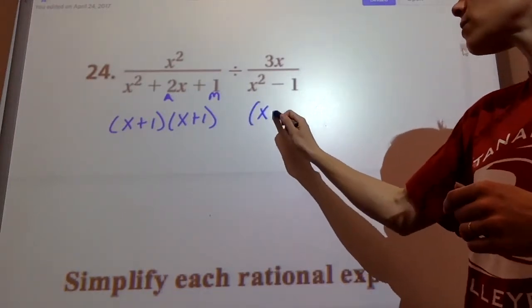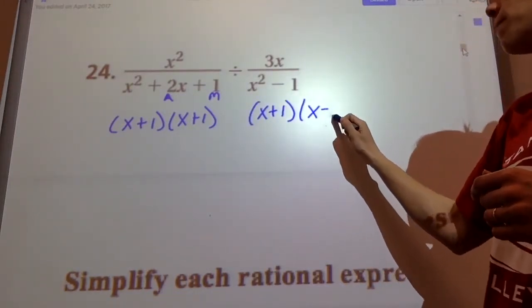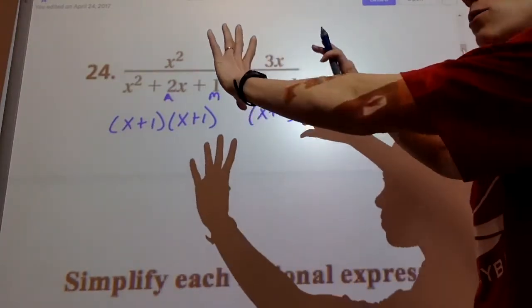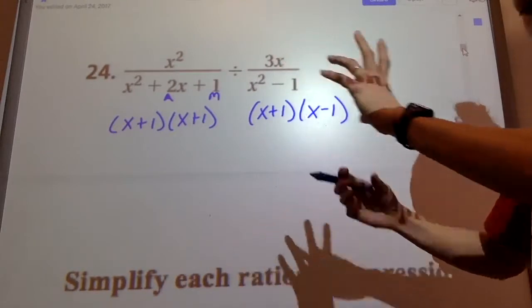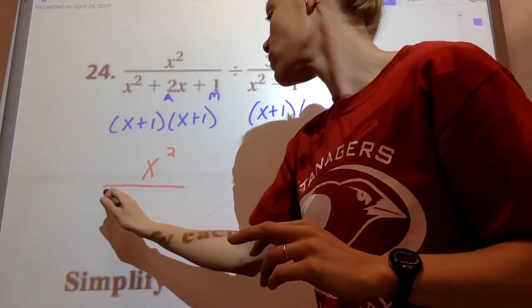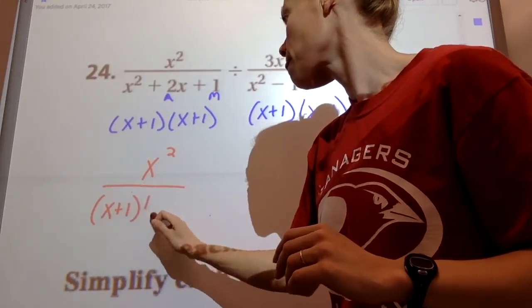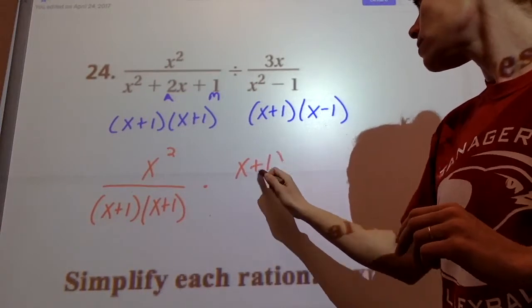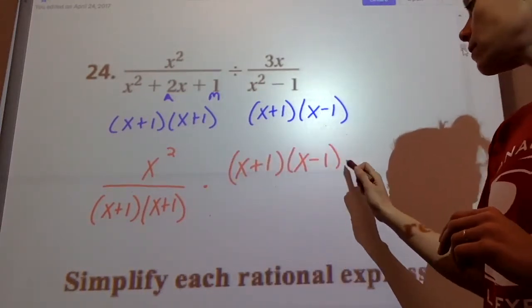So this actually factors into x plus 1, x minus 1. Now, in order to divide, I need to flip and multiply. So my problem is actually this, x squared over times, this goes on top, and this goes on the bottom.